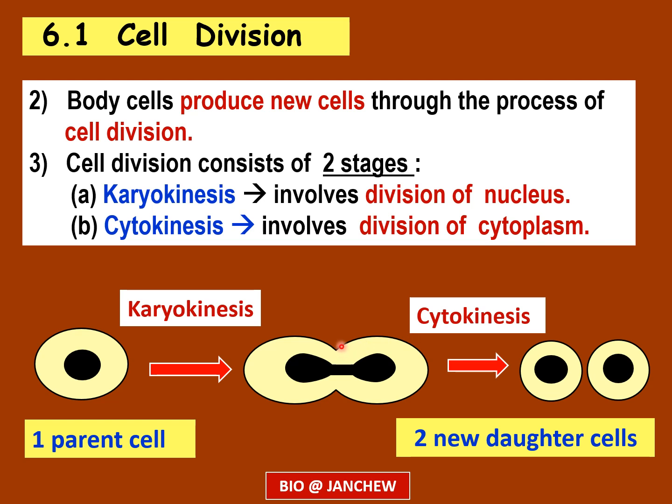In fact, cytokinesis sometimes occurs at the same time as or a little bit later in the process of karyokinesis. So here's a cleavage furrow forming to divide the cell into two daughter cells at the end of the process. Two new daughter cells are formed at the end of cytokinesis.